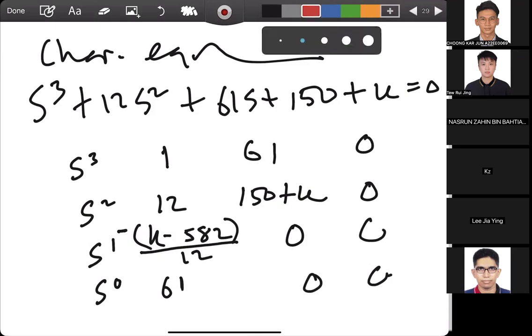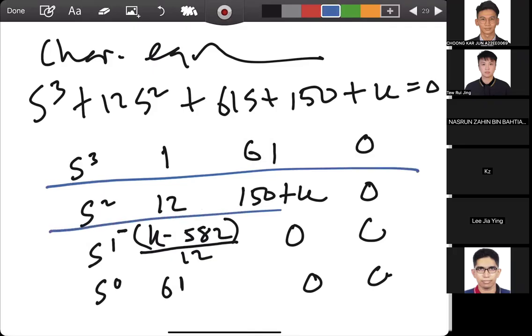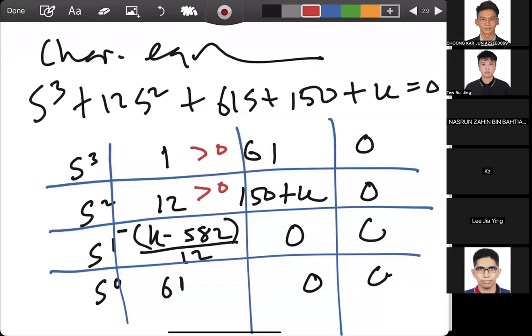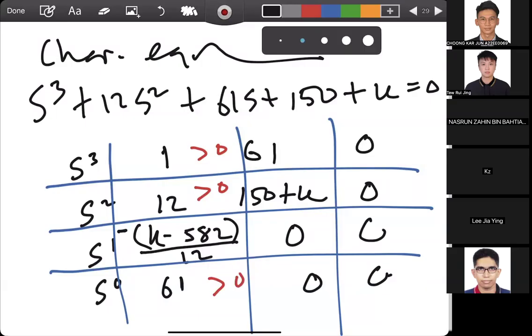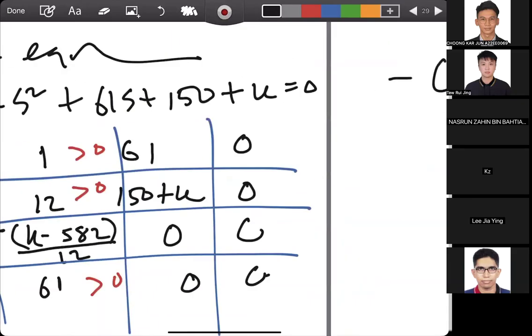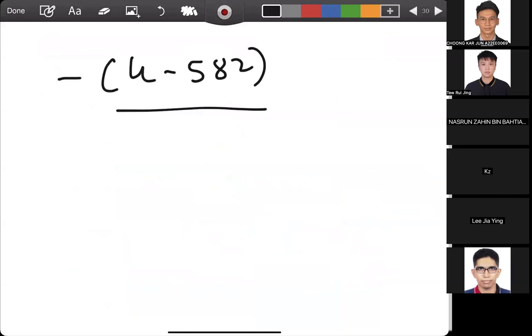So this one is greater than 0, greater than 0, greater than 0. This part need to be manipulated. Greater than 0.